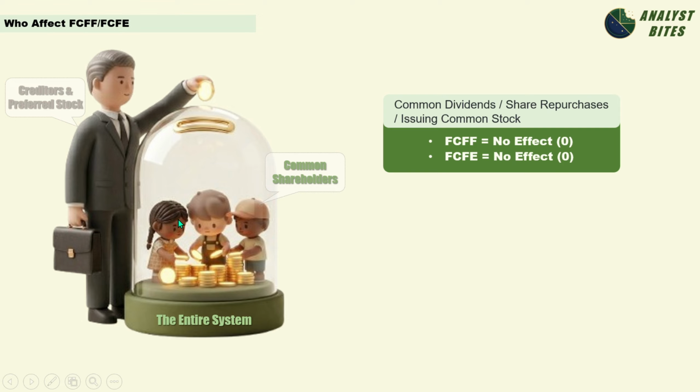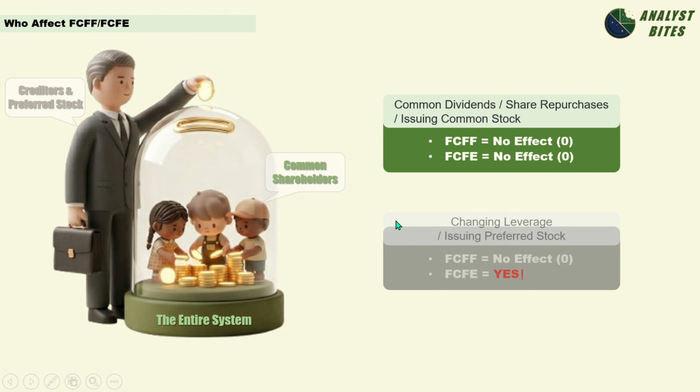Dividends, buybacks, and new shares are simply moving money between the company's pocket and the shareholders' pockets. It's just a left pocket to right pocket transfer. It doesn't change the size of the total pie or the shareholders' total wealth. Therefore, FCFE remains unchanged.